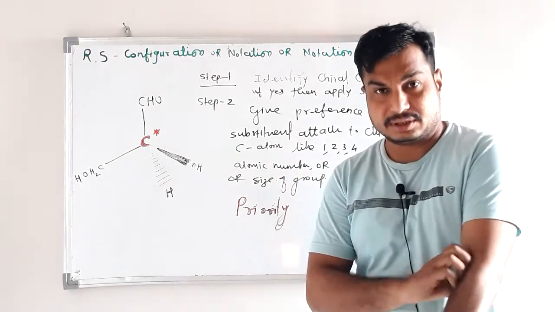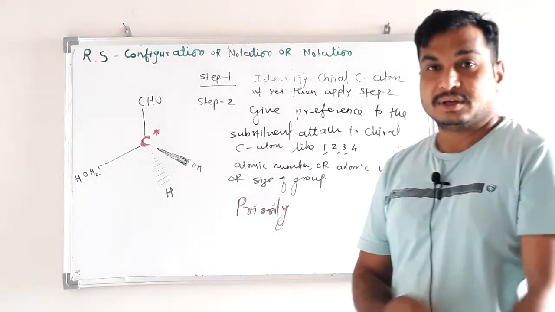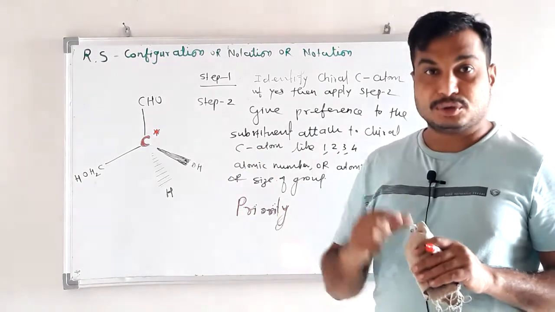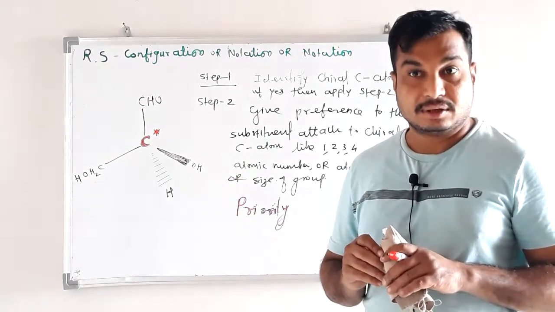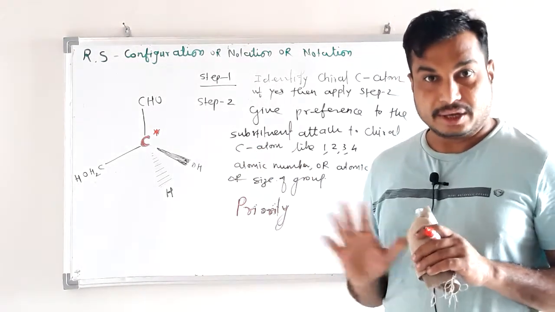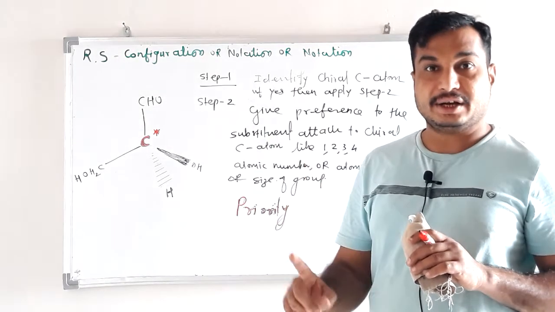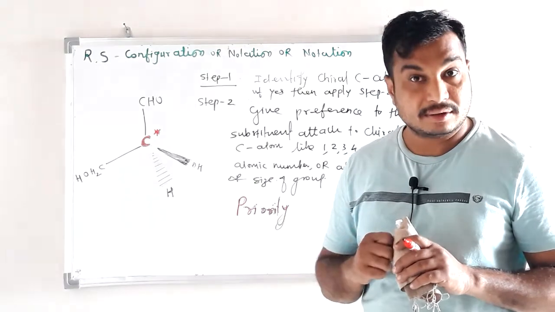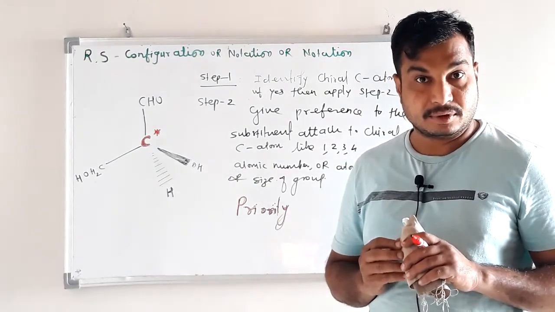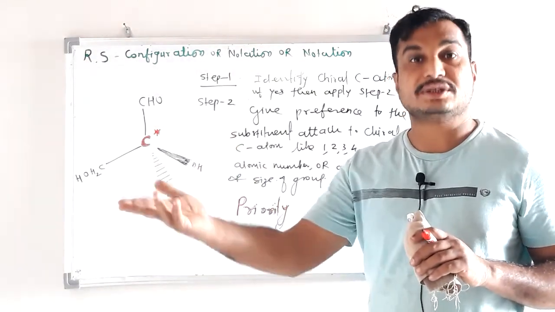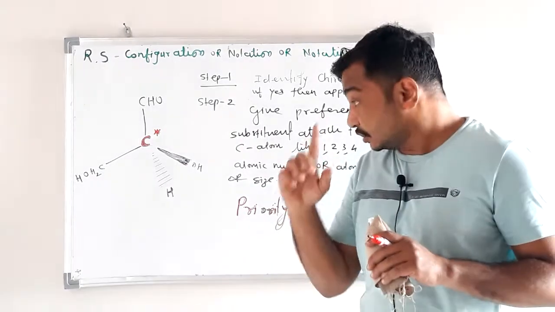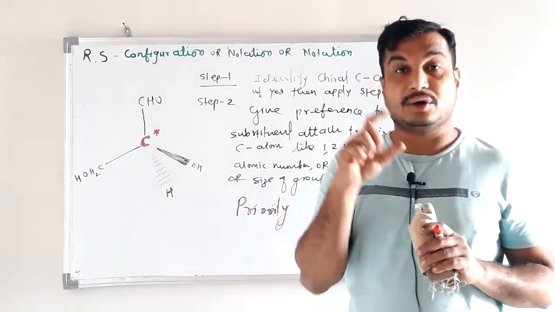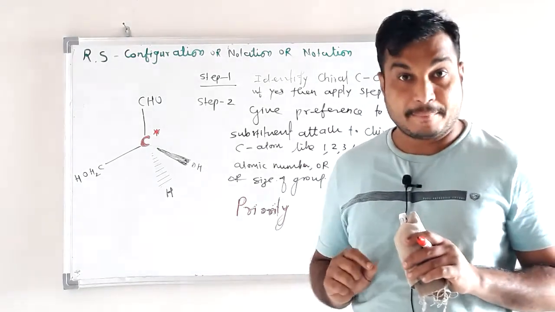Just take one example. In our classroom, the student who gets the highest mark will be number 1. Who will get second? Next to this. Who will get third? Next to this. Similarly, ranking. This ranking is decided on the basis of your score.